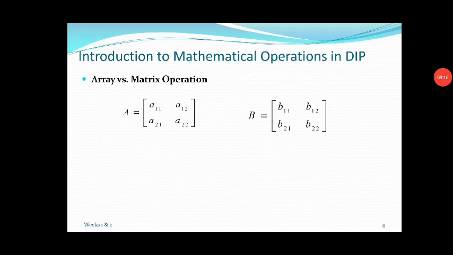Now look at this one. A topic very essential in digital image processing is matrix operation. We'll see it briefly. I am not going into detail about the matrix and all the mathematical operations, just the related operations we are performing.